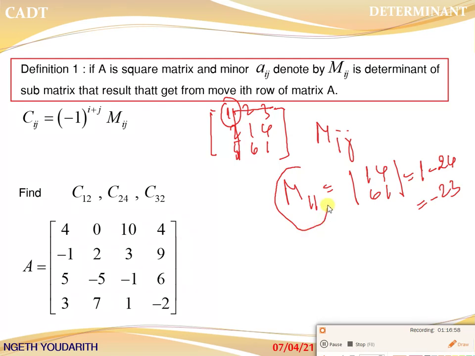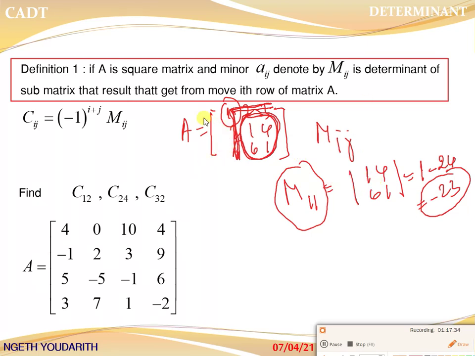So minor 1,1 is equal to negative 23. What is it obtained from? It is the determinant of the submatrix of A. We have the full matrix A, but when we leave out this row and this column, we get only this. So this is the submatrix of matrix A, and the minor is the determinant of the submatrix.